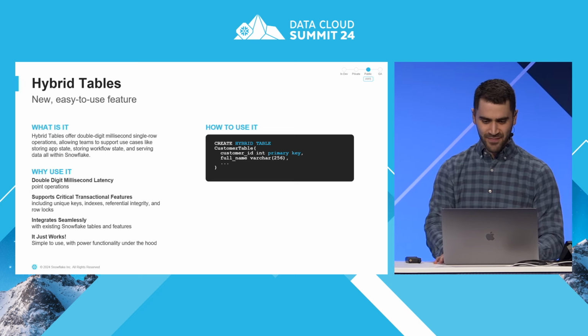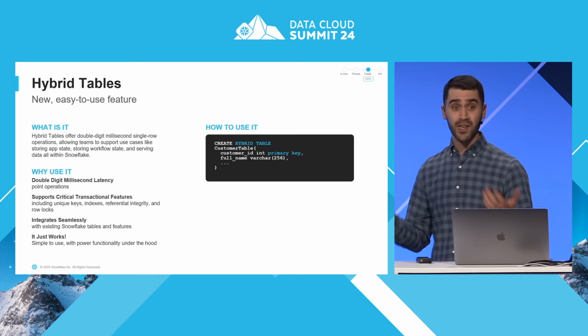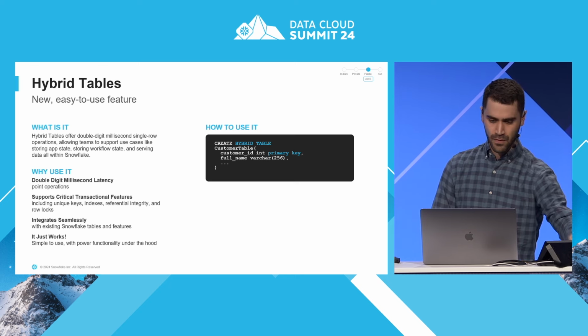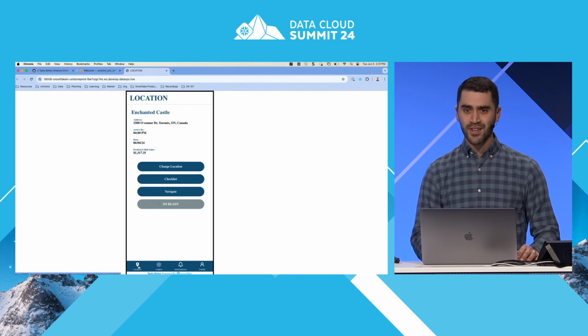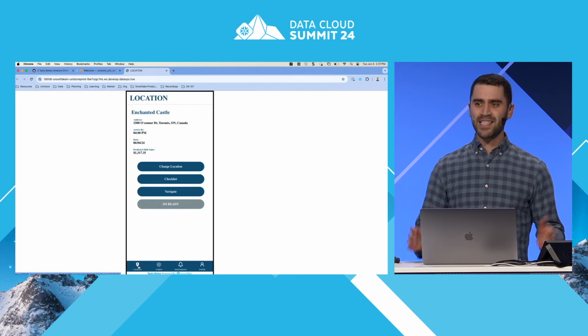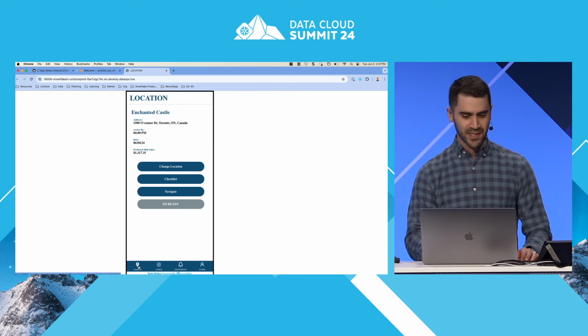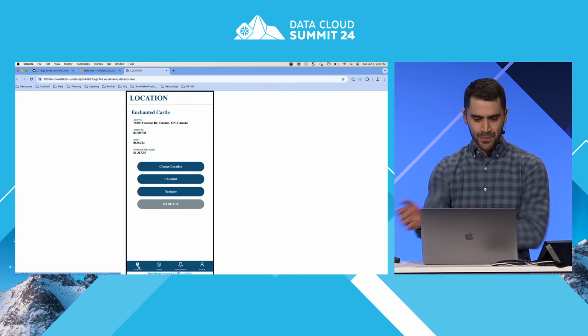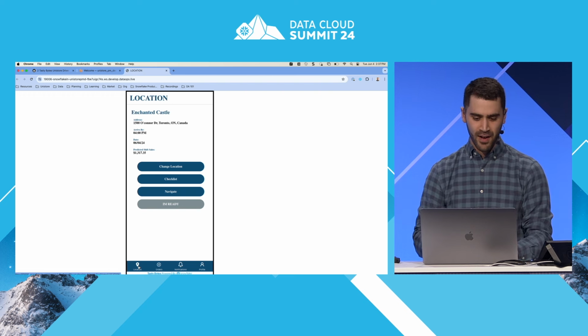I actually want to jump into a demo to show you some of those features and functionality at work. So this is a little demo we cooked up. Tasty Bites is our fictional food truck business here at Snowflake, and we're looking at the driver app for Tasty Bites. So let's imagine that I am a food truck driver.